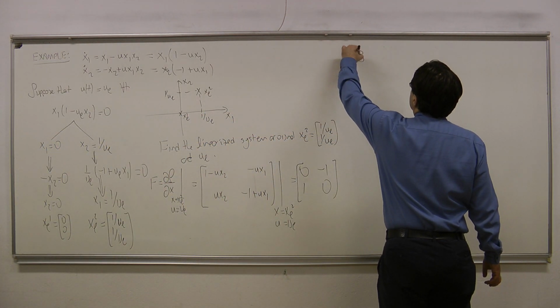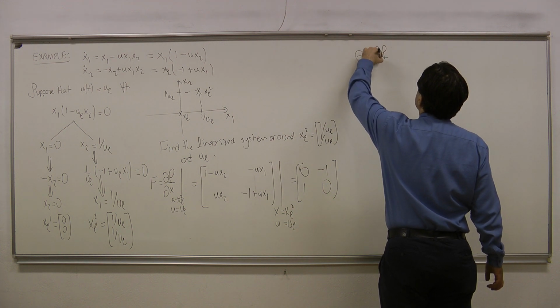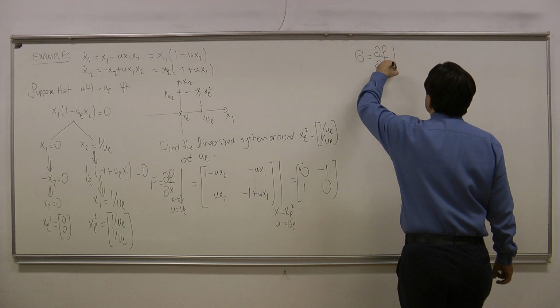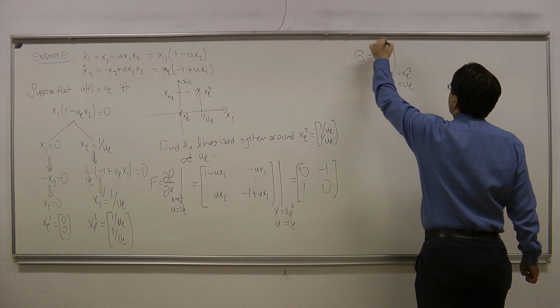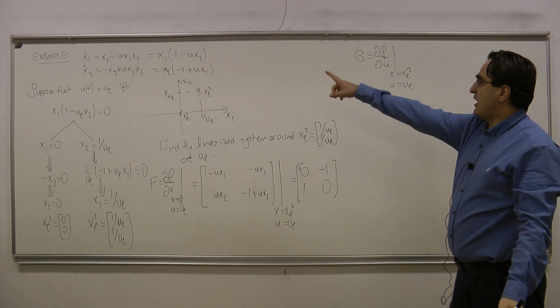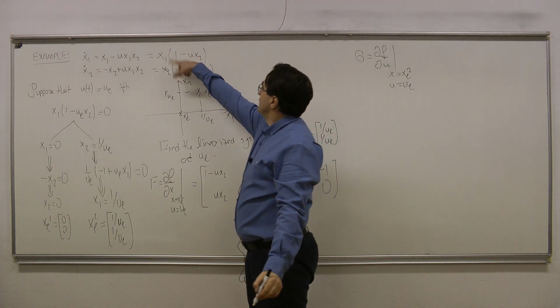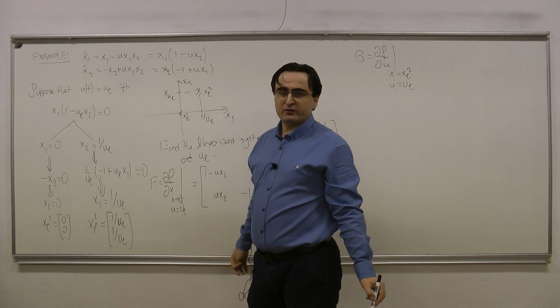So let us calculate the matrix G. Del F over del U, in this case, evaluated at the same points. And we see here that F has two components, and the input is just a scalar.